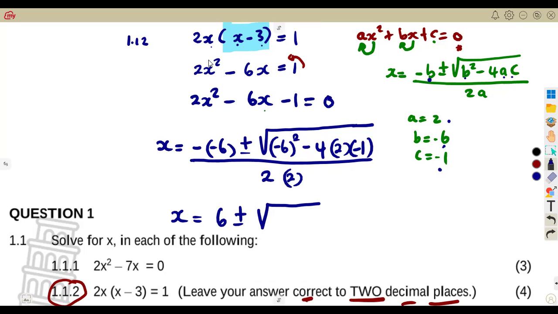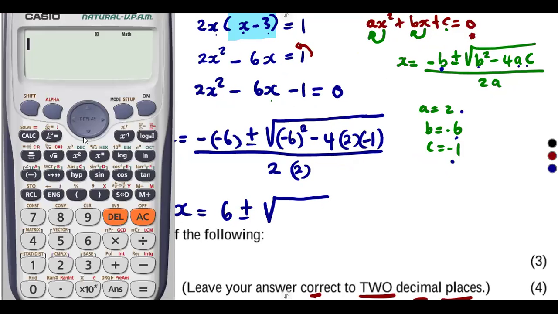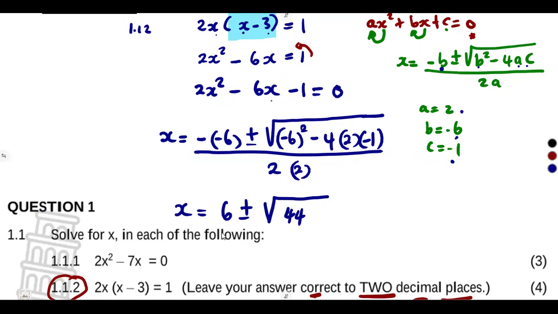So we've got negative 6 squared, open a bracket, minus 4 times 2 times negative 1, as it is here. That gives us 44, everything over 2 times 2, which is 4.